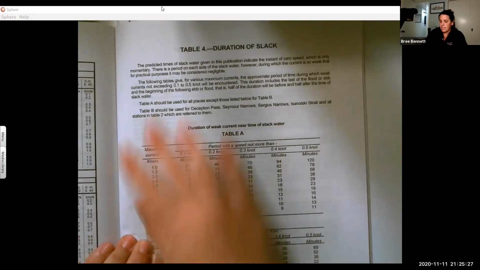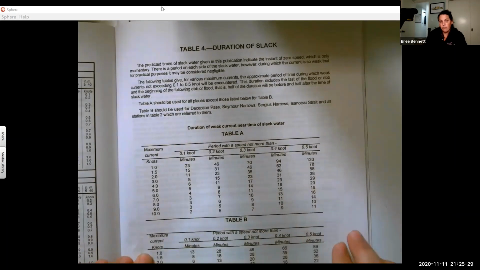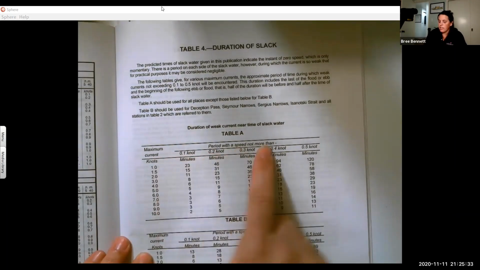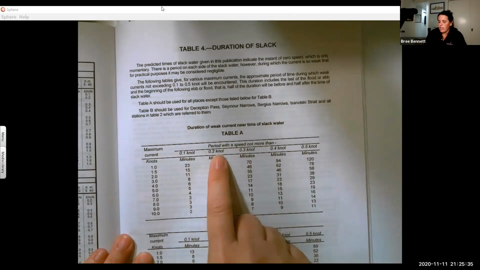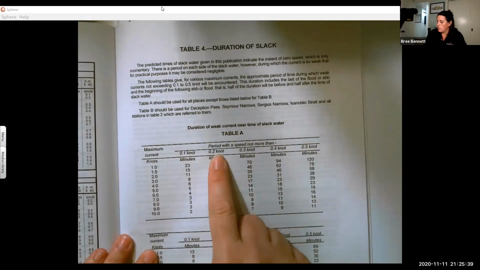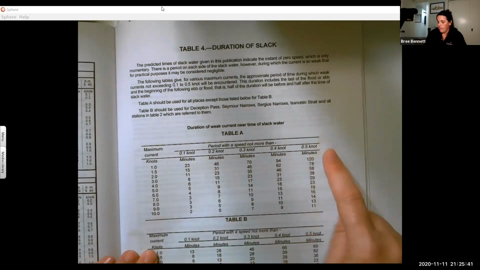This is the duration of slack table, where you can figure out the period of time when the slack is not more than 0.1, 0.2, 0.3, up to 0.5.